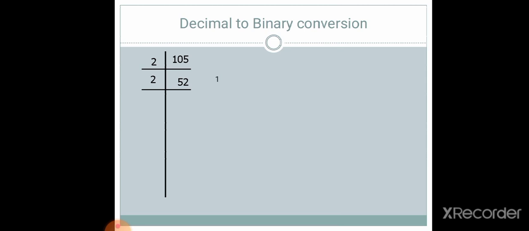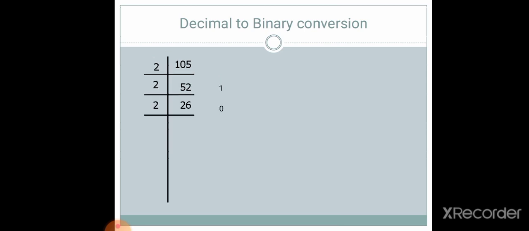So your quotient is 52 and your remainder is 1, and you have to write that remainder at the right hand side, in front of your quotient, right? So this is the method. Write your quotient below, and write your remainder at the right hand side of your quotient, in front of it. So this is the procedure.